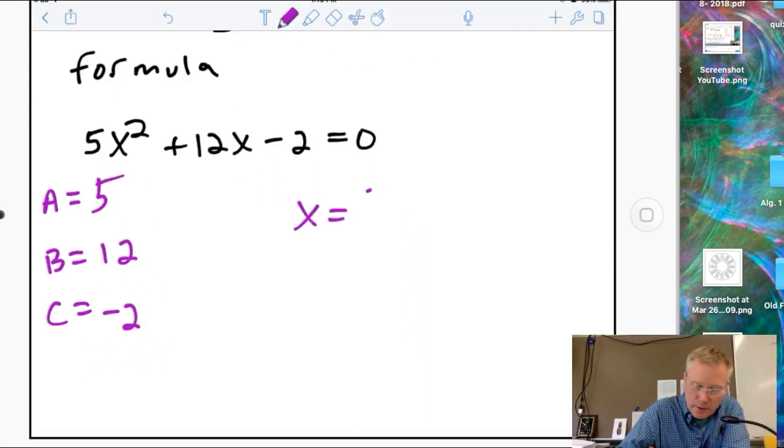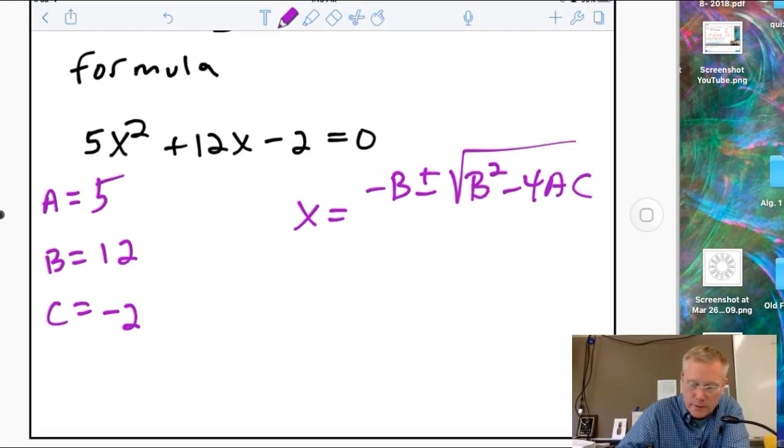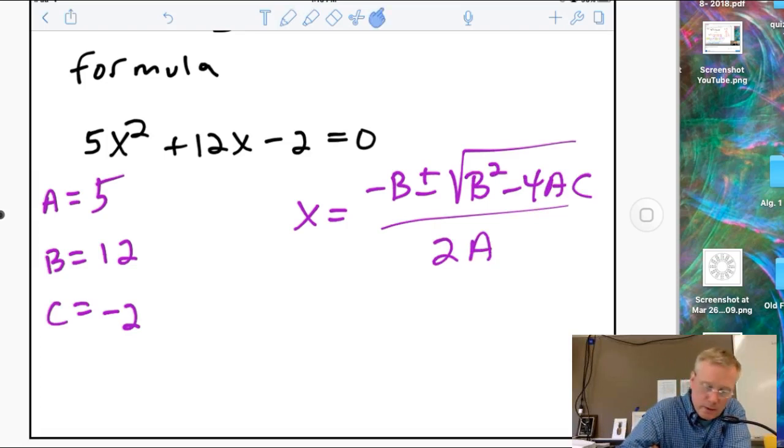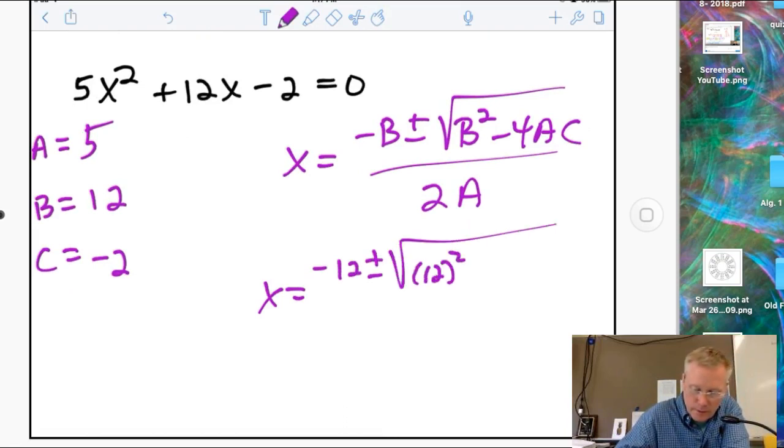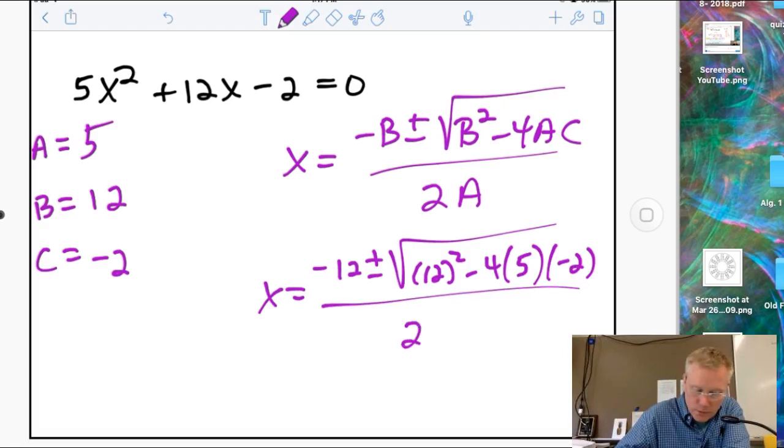The formula is negative b plus or minus the square root of b squared minus 4ac, all over 2a. And when I plug those numbers in, I'll get negative 12 plus or minus the square root of 12 squared minus 4 times a is 5, c is negative 2, all over 2 times a is 5.